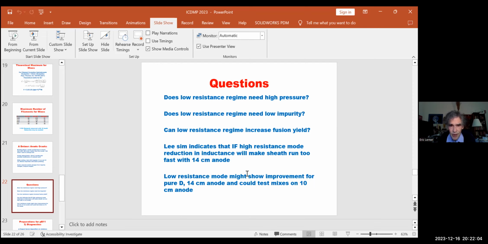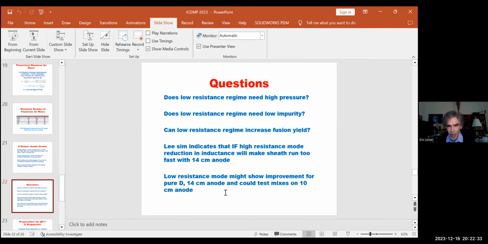Now, the Lee simulation indicates that if the high resistance mode, which is the mode we had with the last tungsten runs, together with reduction in inductance in the switches, will make the sheath run too fast with the 14 centimeter anode. In other words, we'll have a higher than optimal rundown velocity if we get the timing right.